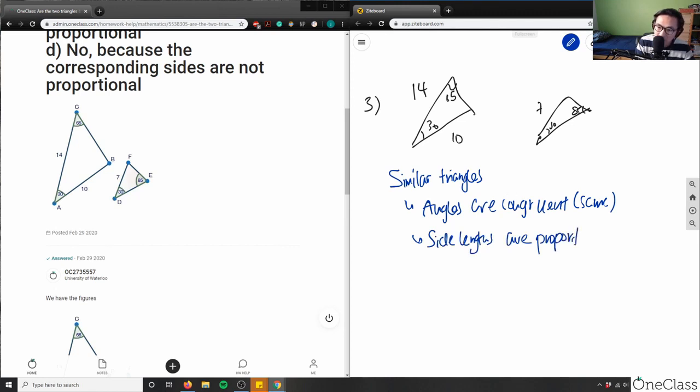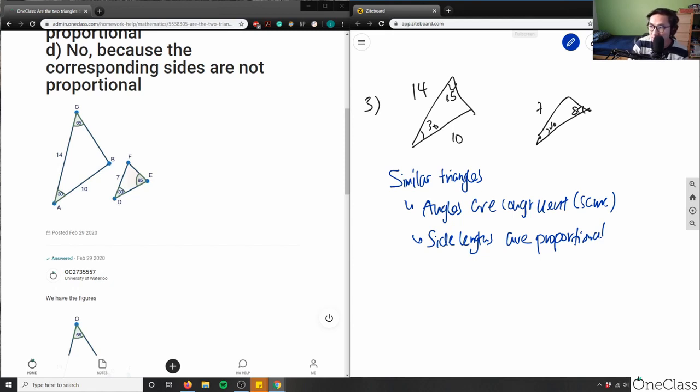So when we say they're proportional, maybe one side is 2 and the other triangle is 4 or something like that. So it's a factor of 2 or 3 or 4. If it's twice as big or 3 times as big, the side lengths are proportional, right?